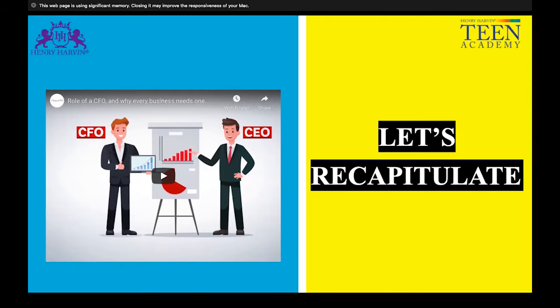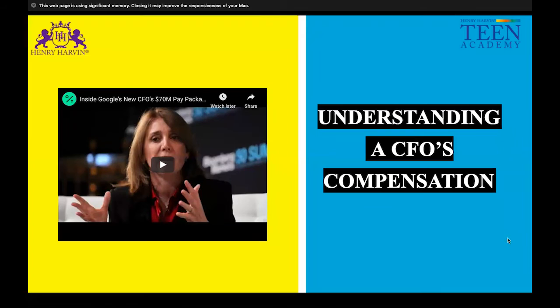Here, let's talk about a few tools that we need to understand when it comes to the role of the CFOs, the C-suite people. Talking about the minimum pay packages versus the maximum pay packages, they vary across the industry.